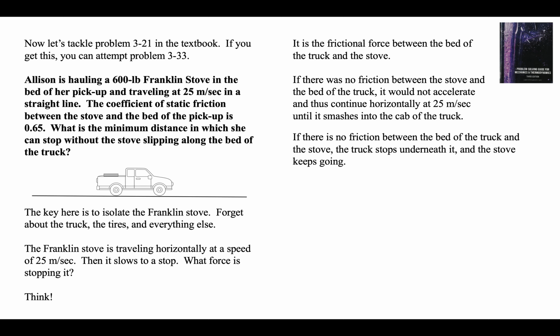If there's no friction, the truck stops underneath it, the stove keeps going, and smashes into the cab. In the force diagram for the stove, gravity, normal, and the frictional force is what's slowing it down. When the truck stops, the friction between the bed of the truck and the stove exerts a force backwards on the stove.